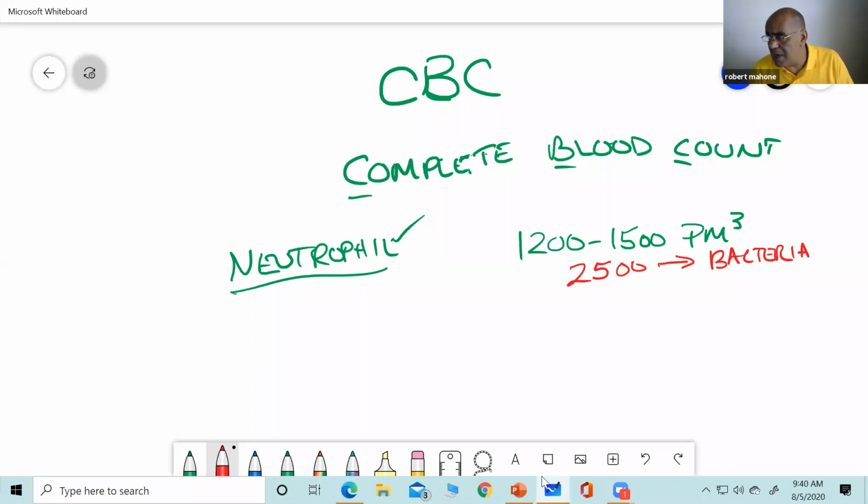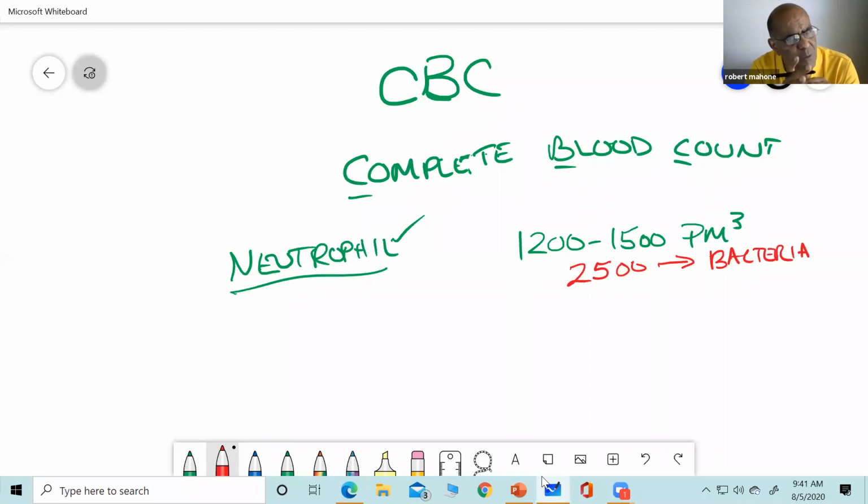And I never got into memorizing the actual cell counts and what the average is in people. So I don't know that the average neutrophil count should be 1,200 to 1,500, because I never got into memorizing them. Why not?